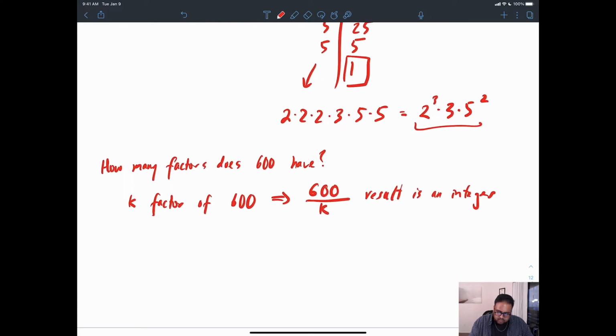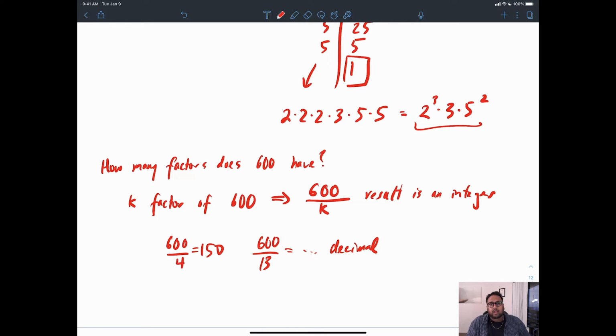So, for example, 4 is a factor of 600 because 600 divided by 4, I get back 150. That's an integer. Whereas 13 is not a factor of 600 because when I divide 600 by 13, I get something that involves a decimal, meaning 13 doesn't evenly divide into 600. It's not a factor of 600.